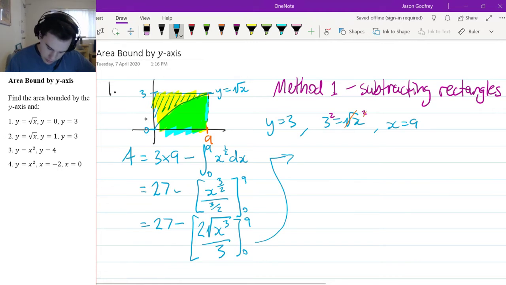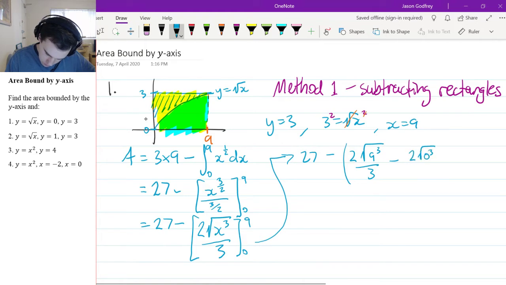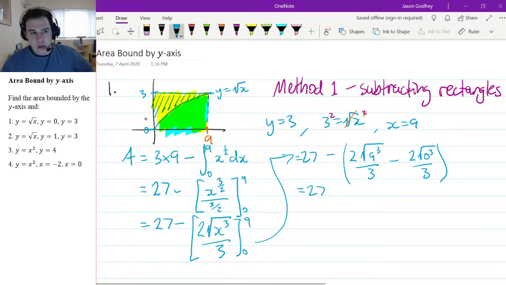So now we can calculate this by substituting in 2 times 9 cubed on 3 minus when we sub in 0. Okay, so this bit here, 0 cubed times some stuff and divide by some stuff is 0.